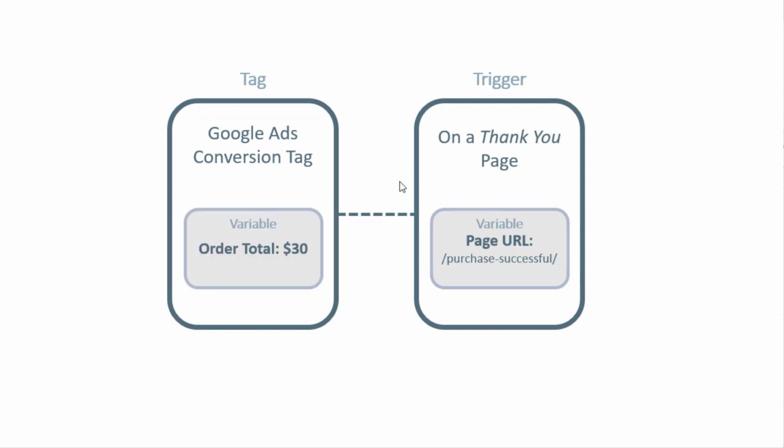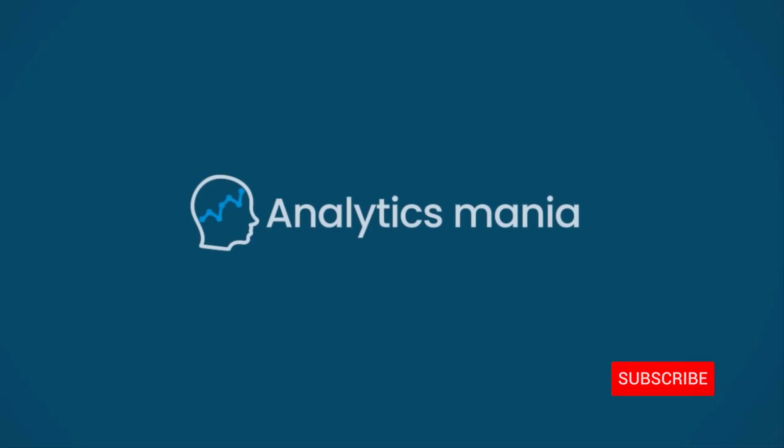And that's where another variable could be used. In this case, we could send the variable which is order total, and that variable could send the value of $30 to Google Ads. And in this case, we could see not only the number of conversions, but also the amount of revenue that was generated because of Google Ads.